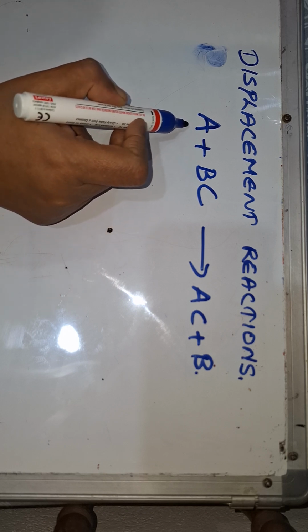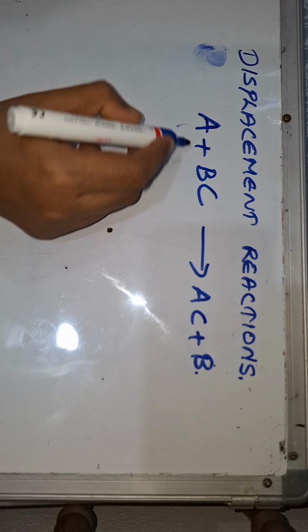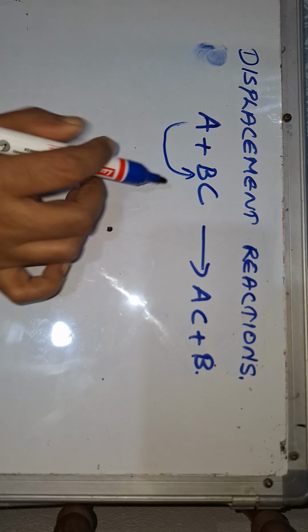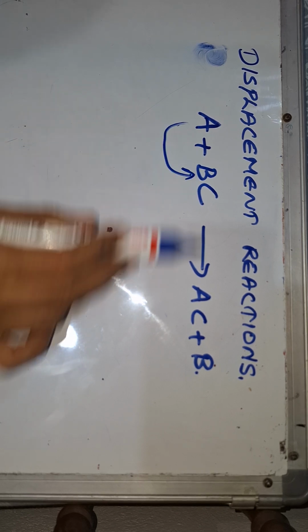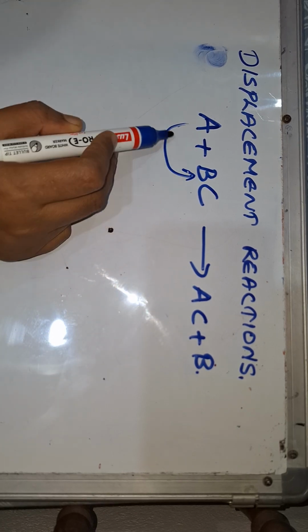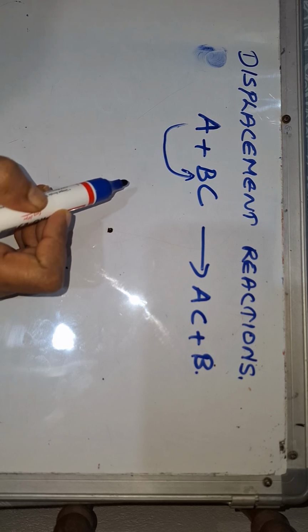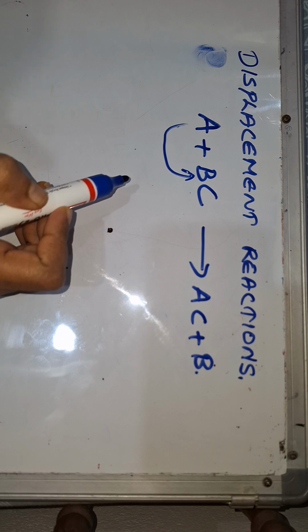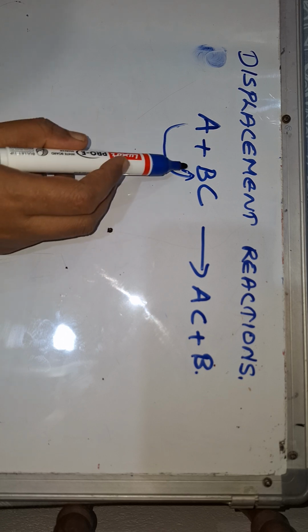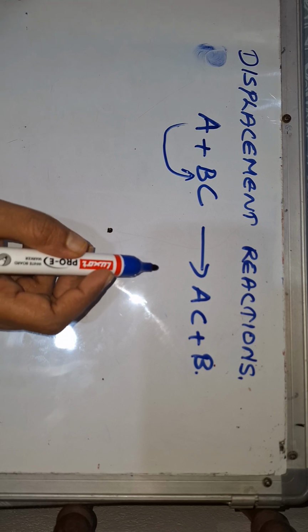So here A removes B from BC, and it stays or sits at the place of B. That is called a displacement. Removing and staying at another element's place. Okay, so A plus BC will become AC plus B. It will be in this format.